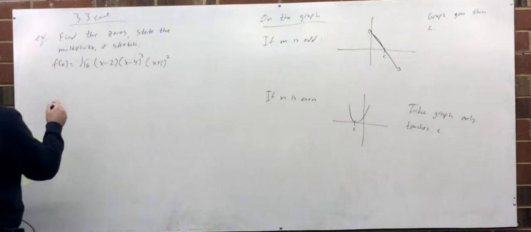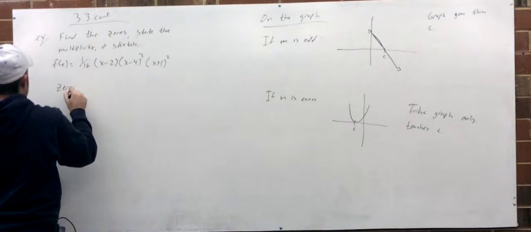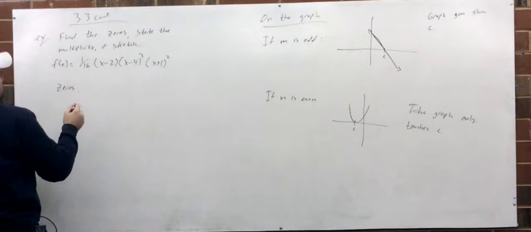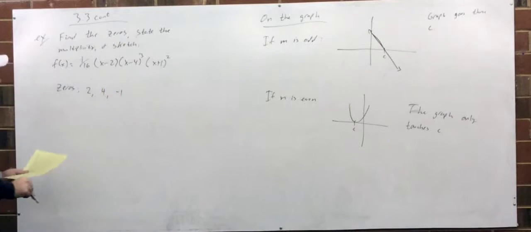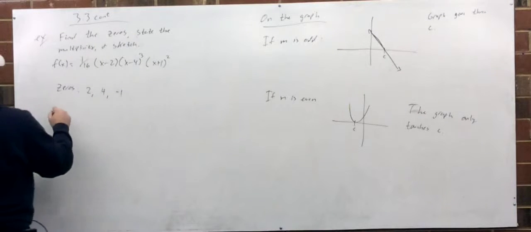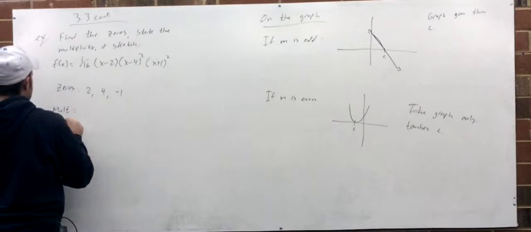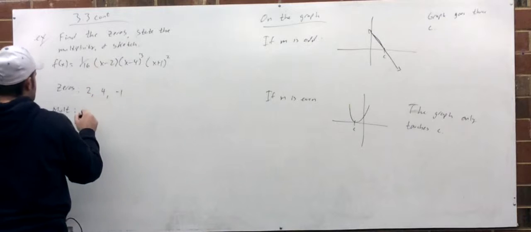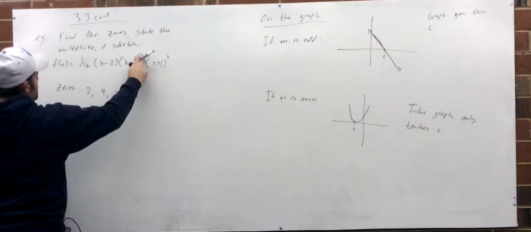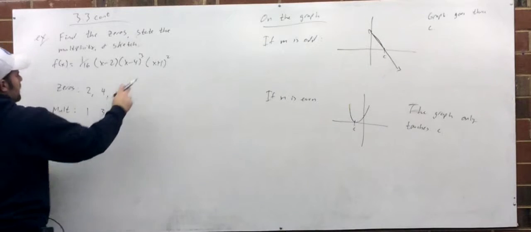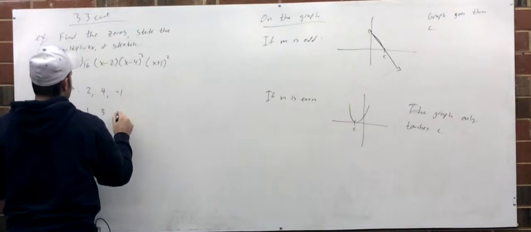Alright, so what are our zeros? Well, the zeros are 2, 4, and -1. But next thing we need to know is the multiplicity. Well, the multiplicity of 2 is just 1. The multiplicity of 4 is 3, and the multiplicity of negative 1 is 2.